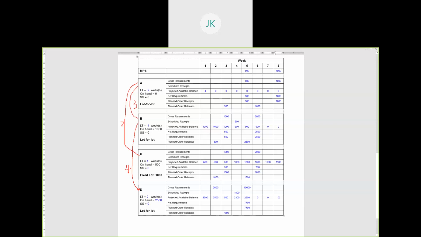So this problem is a little bit confusing, but if you follow my steps one by one, as I showed you, then it will be okay.